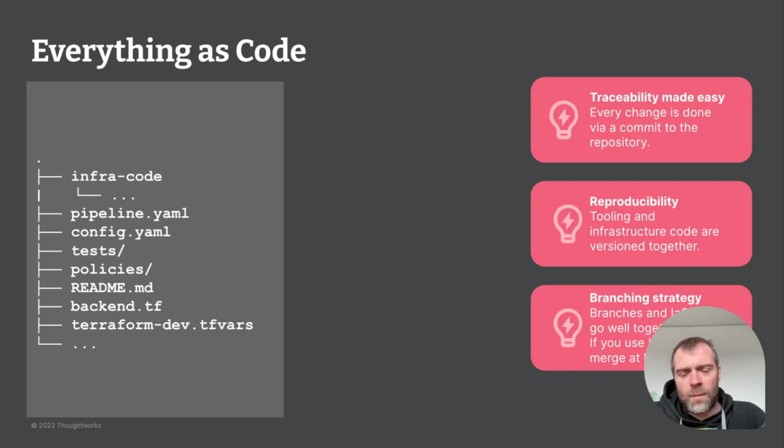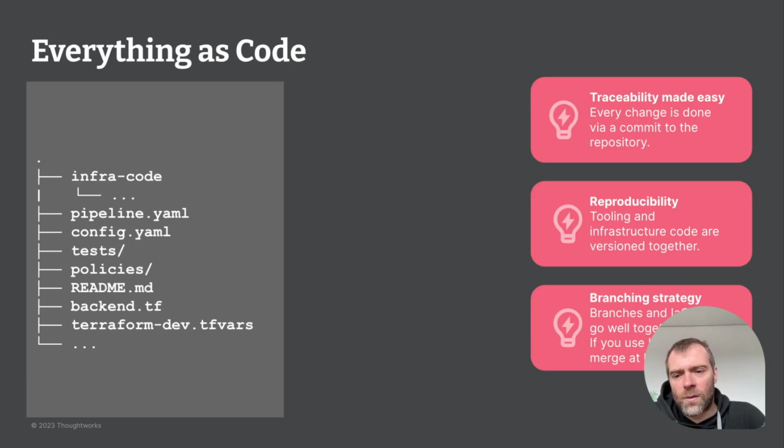And it mainly shows that starting with the infrastructure code, the pipeline definition, the various configurations for both the tooling, but then also the tests, policies, a quick documentation of how to use this repository and how to get started, the configuration for Terraform backends, and then the configuration for different environments.